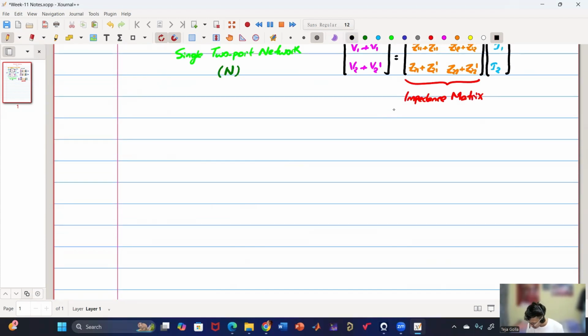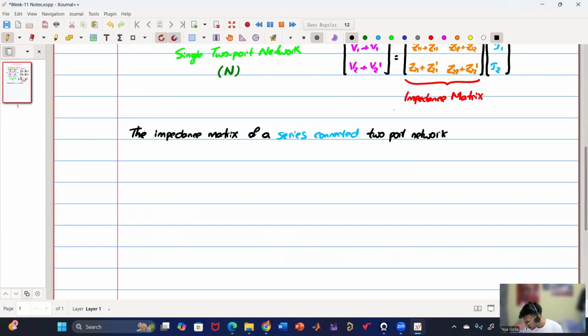The impedance matrix of the series connected two port network is the sum of the impedance matrices of the individual two port networks.